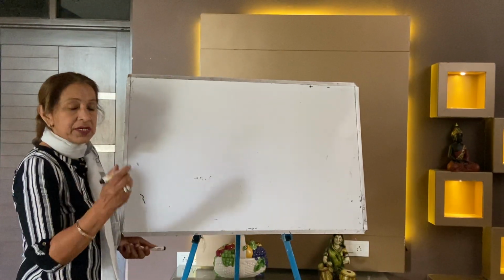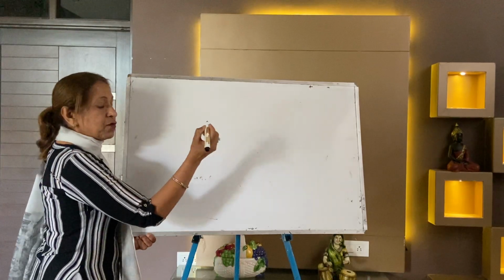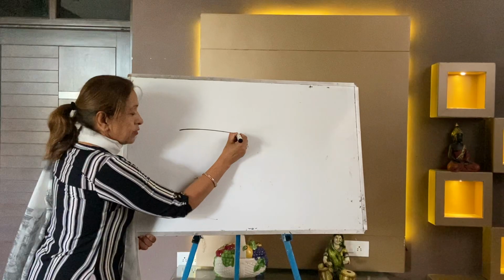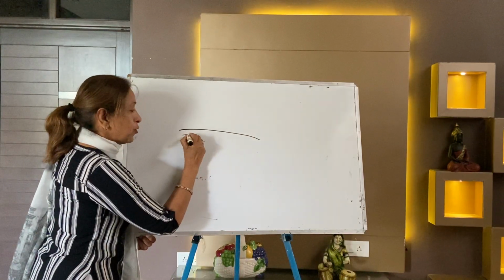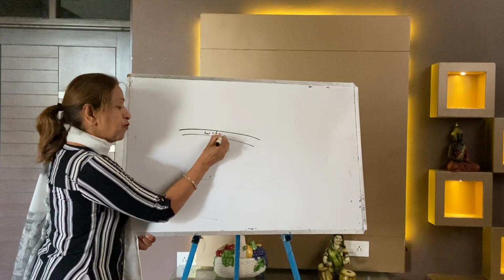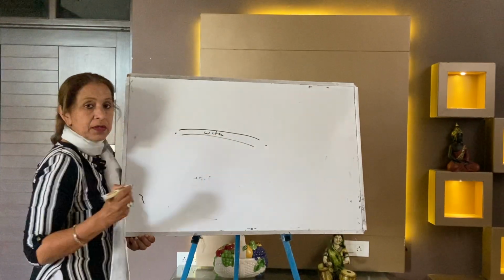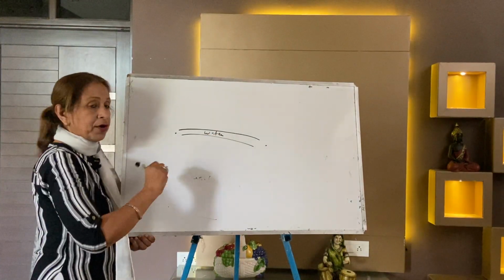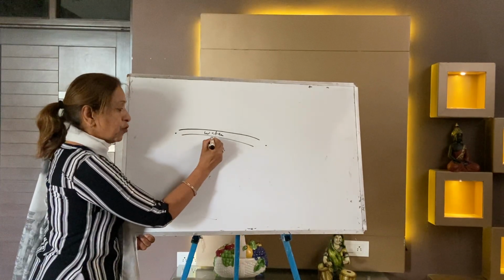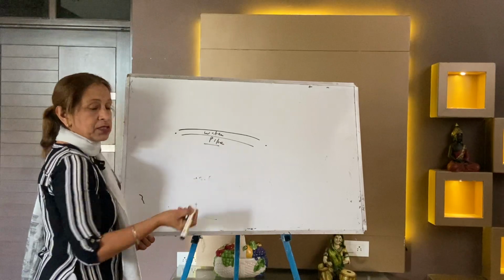So what is meant by the word discontinuous? I'm taking one example. We want to transport water from one side to another. There are two ways. Either you can use a pipe.